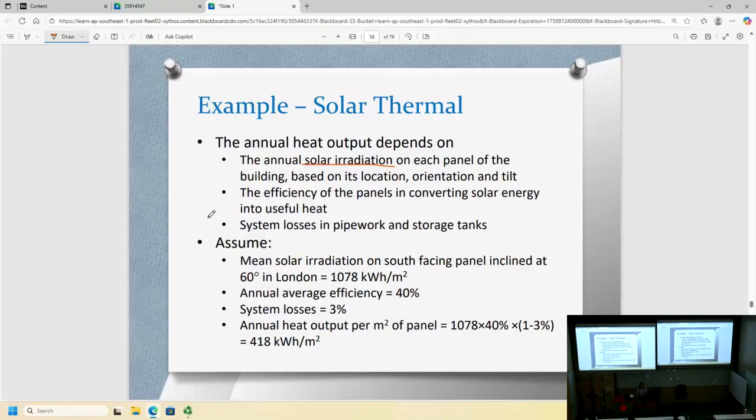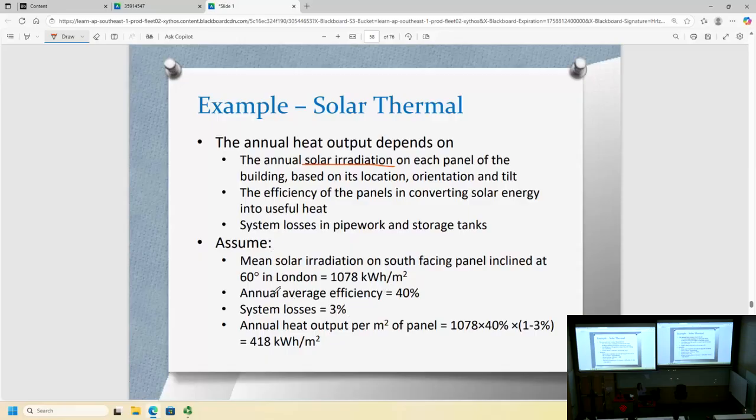So let's say we assume, for London in the UK, the panel will have an inclined angle of 60 degrees, and the solar radiation will be 1078 kilowatt hour per square meter of the area of the solar panel. And the annual average efficiency is 40%, and the system loss is 3%.